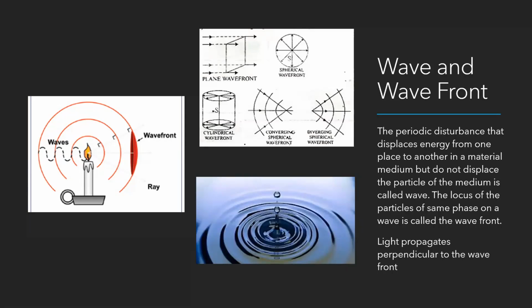It is not compulsory that you have to draw a circle here. Even if you draw a circle here, it will be a wavefront. Doesn't matter. Just to show, they have shown some circles.